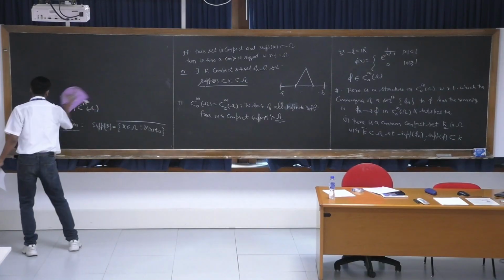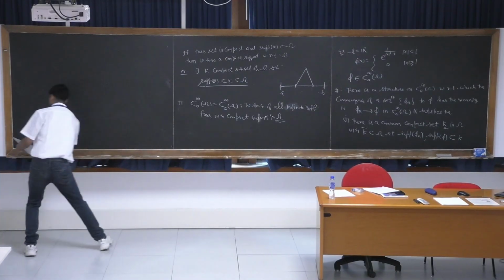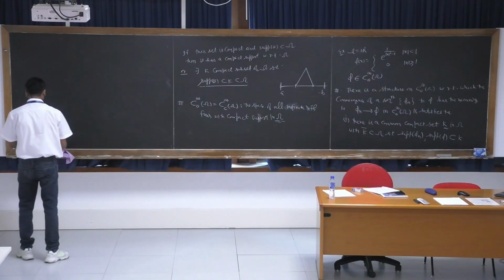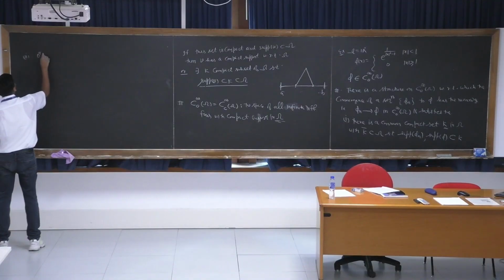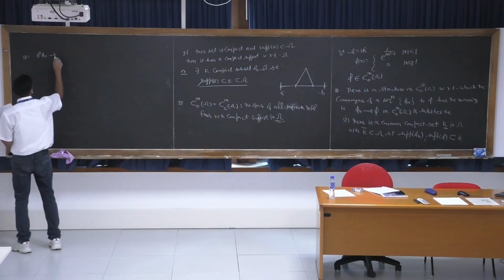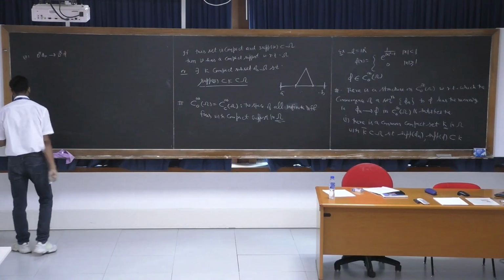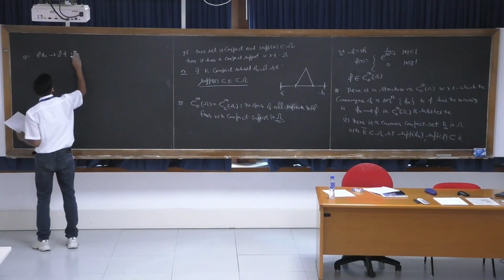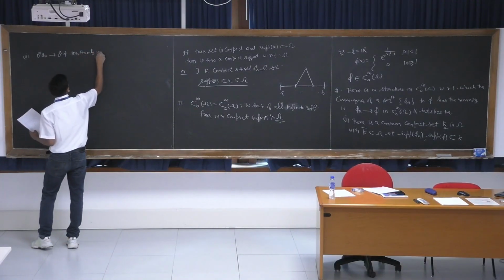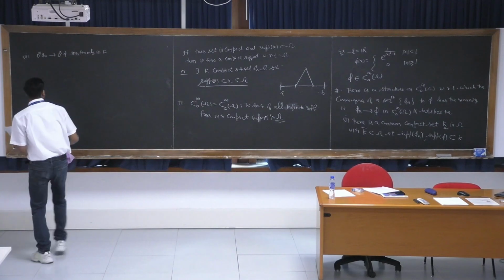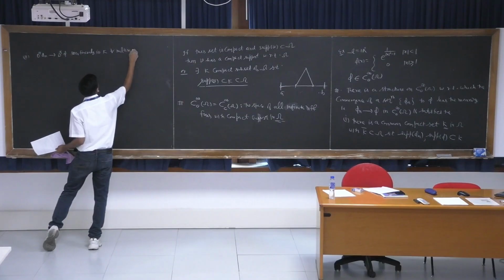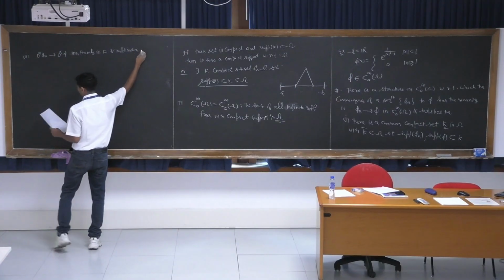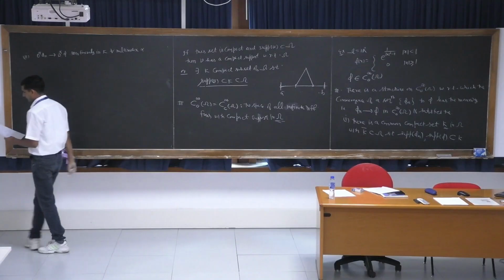And the second property: d alpha phi n converges to d alpha phi uniformly in K for all multi-indices alpha.